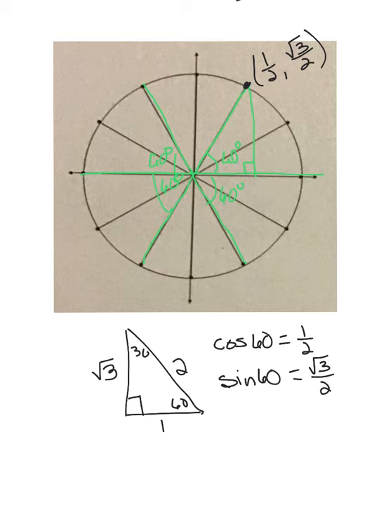Now, because this next point is also a 60-degree reference angle, the coordinates will stay exactly the same, but you must have a negative x. In the third quadrant, coming down to the point that's closest to the y-axis, coordinates are the same values. Both of them must be negative.